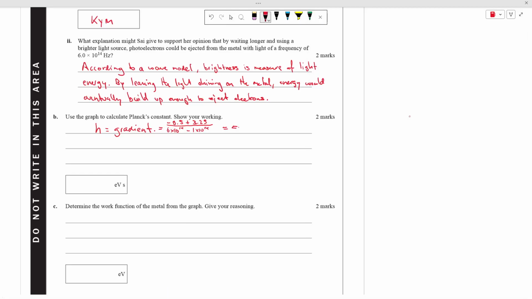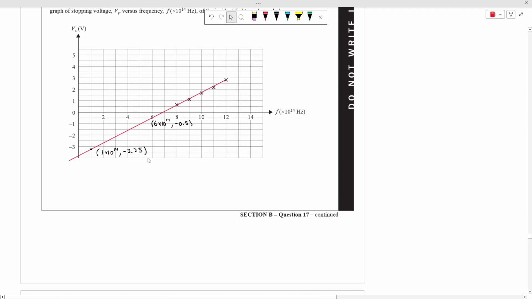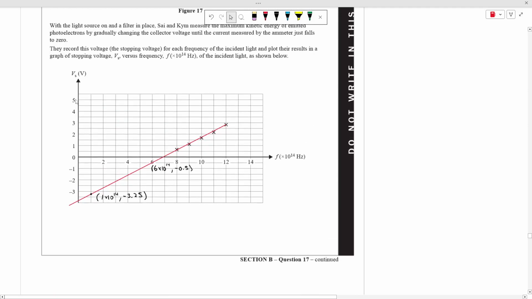So hopefully that's good enough as a response, and that's in electron volts per second. The reason is the graph is volts versus frequency. Anytime you have volts here, Planck's constant is going to be the electron volt version.